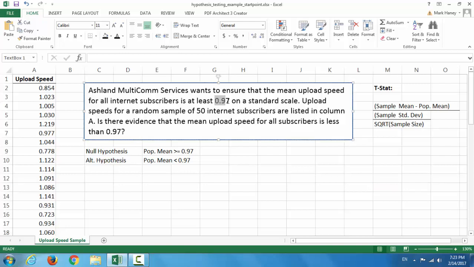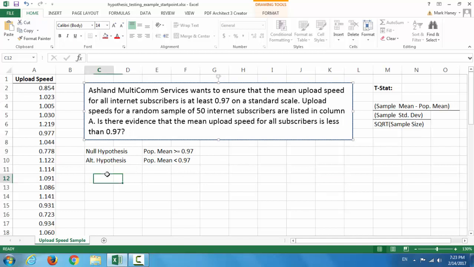The population mean is the hypothesized population mean of 0.97, and the sample size is 50. All this t-statistic is, is how far from the population mean is the sample mean in terms of standard deviations of a sampling distribution. So this is a standard error calculation down below.